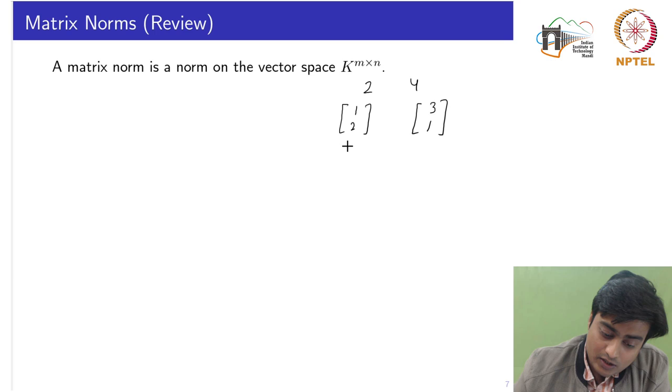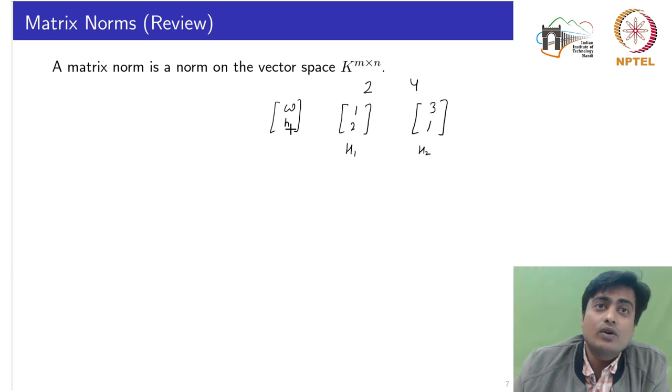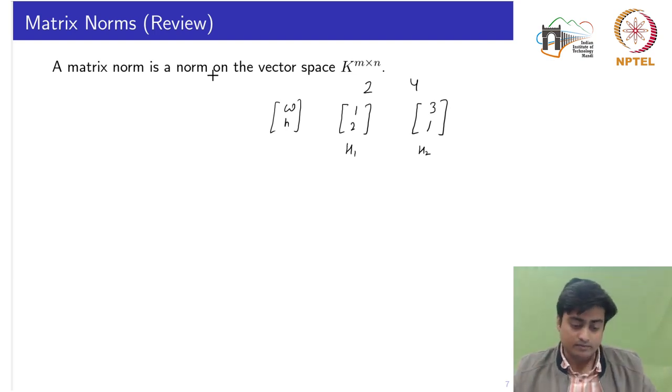So let's say here are two humans, H1 and H2, whose width and height is given in this format. If we want to know the size of the human for comparison purposes, how can we make this comparison? Because here we have two numbers. So the idea of the norm is to obtain a scalar value either for a vector or a matrix, so that you can compare two or more matrices or vectors.